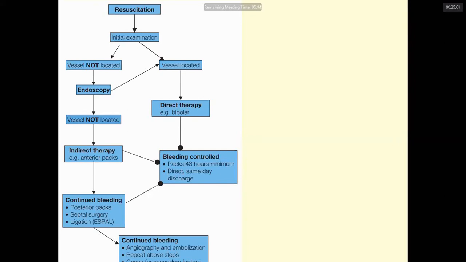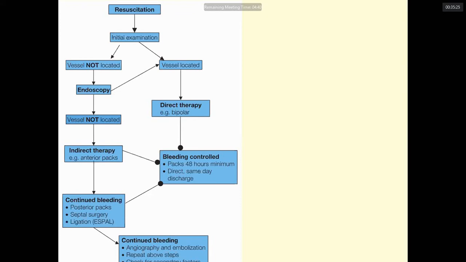For bigger vessels we always do the ligation, but for small arteries or small vessels, bipolar helps to save time. Ligating may take 50 or 55 seconds, but using bipolar you can do it in just 4 or 5 seconds.